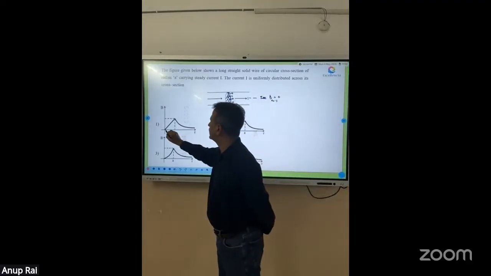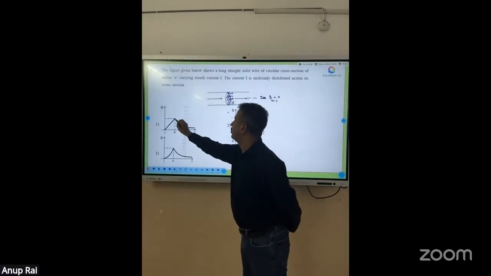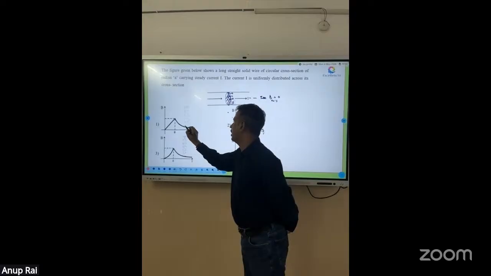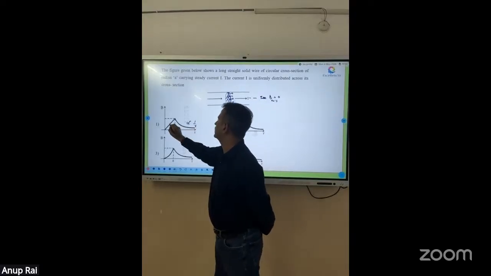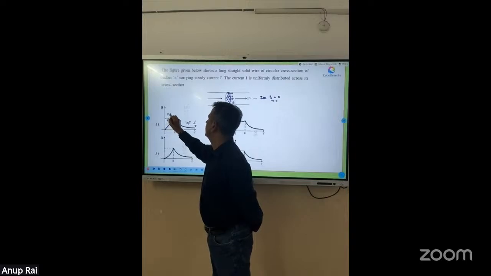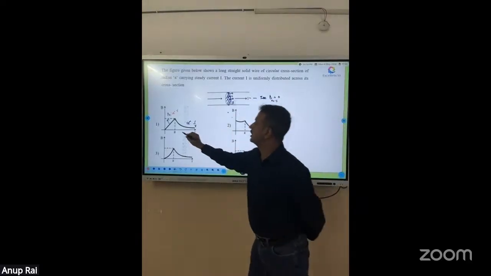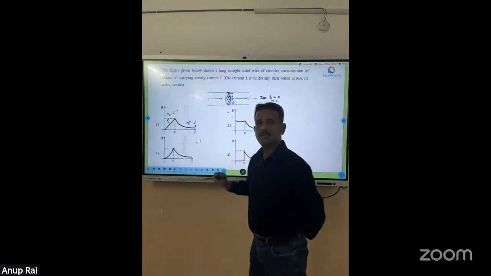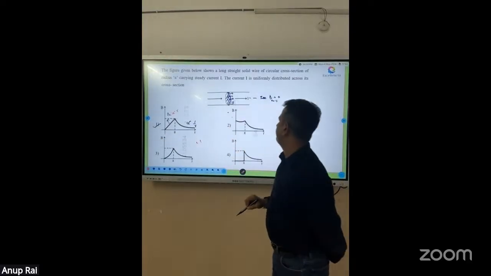It will keep on increasing. And then once the point is outside of this, it is proportional to 1 upon R. And on this side, B inside is proportional to simply R. So this is the straight line, and then it is proportional to 1 by R. So option 1 is correct. Okay.